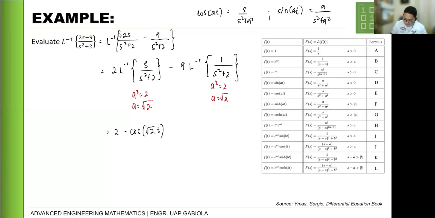Okay, but for the second term, we need first to satisfy the numerator. So we need to have the same value of the denominator, or yung value of a natin as square root of 2, on the numerator.